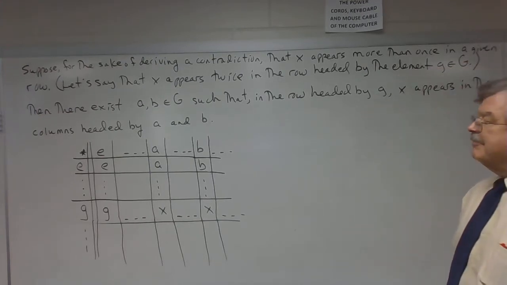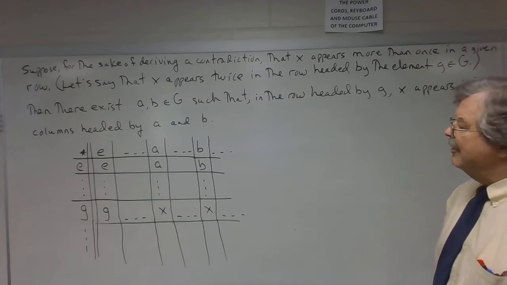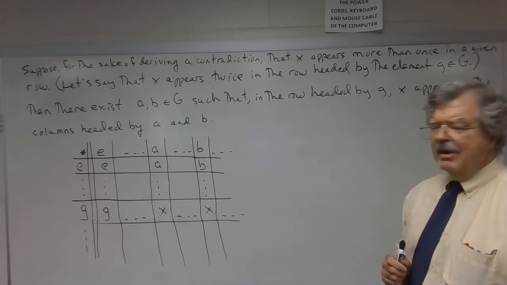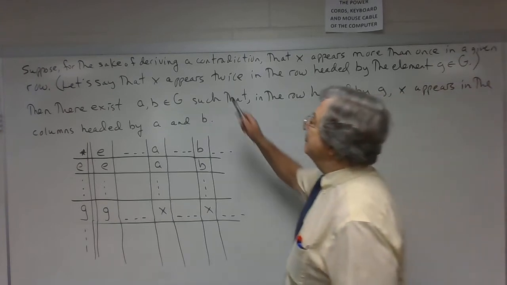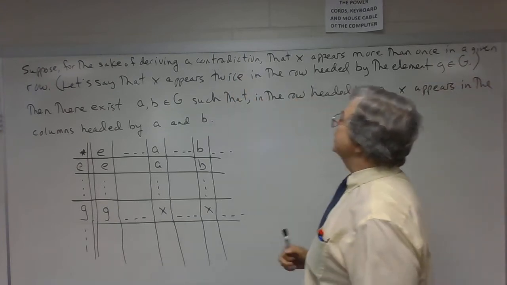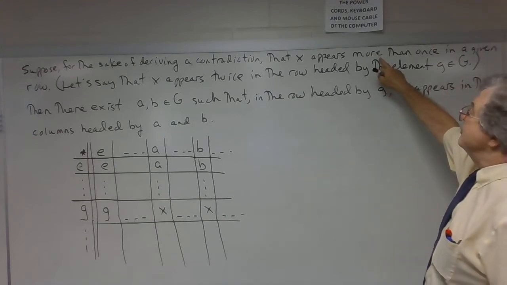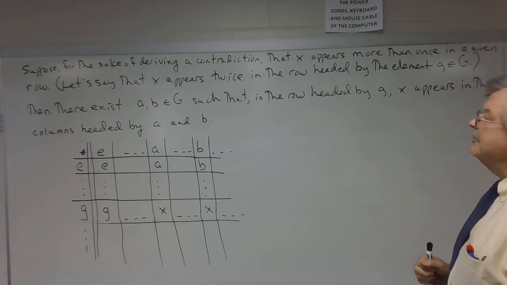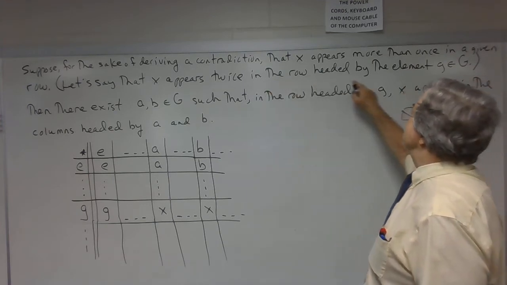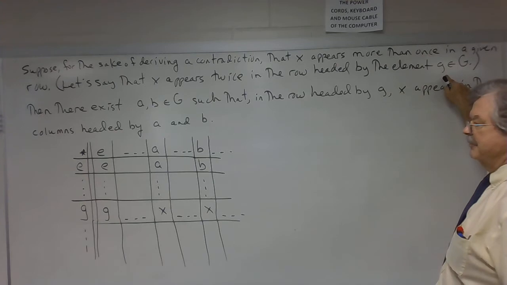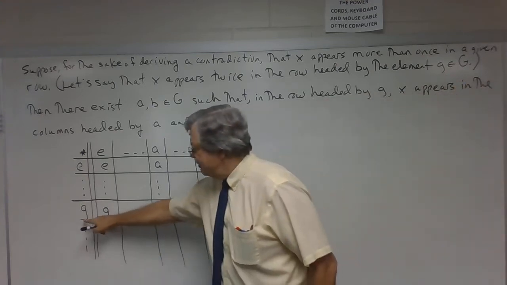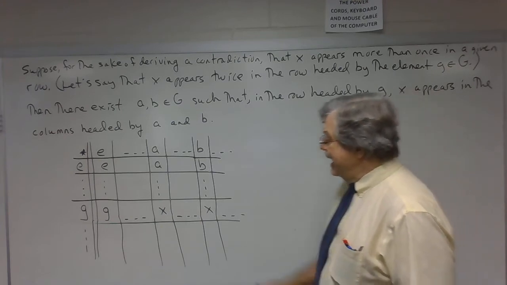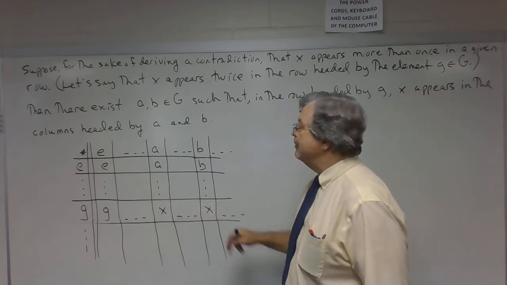Okay, the first part of our proof. We're going to show that X can't appear more than once in any row. And so we suppose, for the sake of deriving a contradiction, that X does appear more than once in a given row. Let's say that X appears twice in the row headed by the element G. So here's the row headed by the element G, and X appears twice in that row.